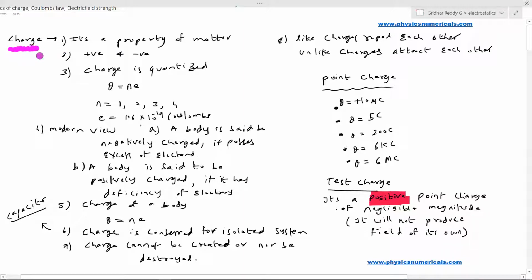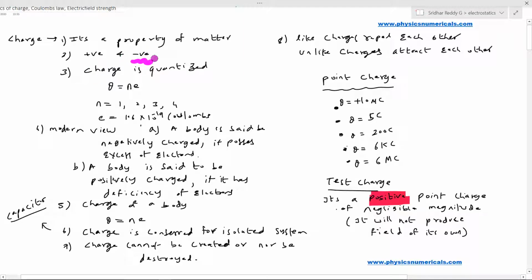Charge we'll discuss. What is a charge? It's a property of matter, like how we have mass. It's one of the properties of matter. And basically there are two types of charges that exist: positive charge and negative charge.